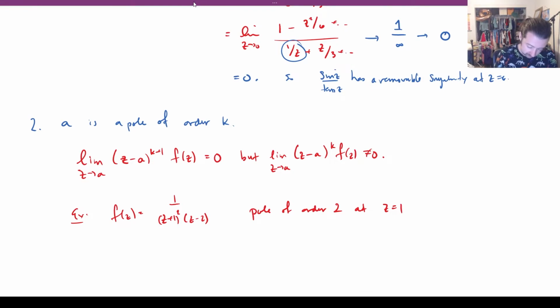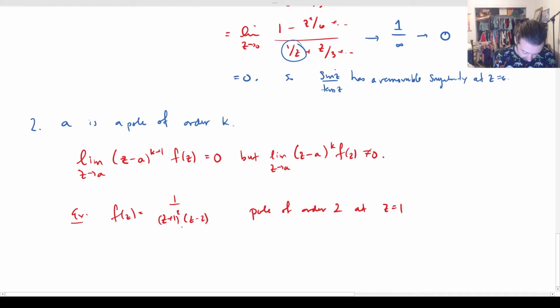It should be obvious that what's counting here with poles is that, for rational functions, we're just picking up the power of these terms in the denominator.